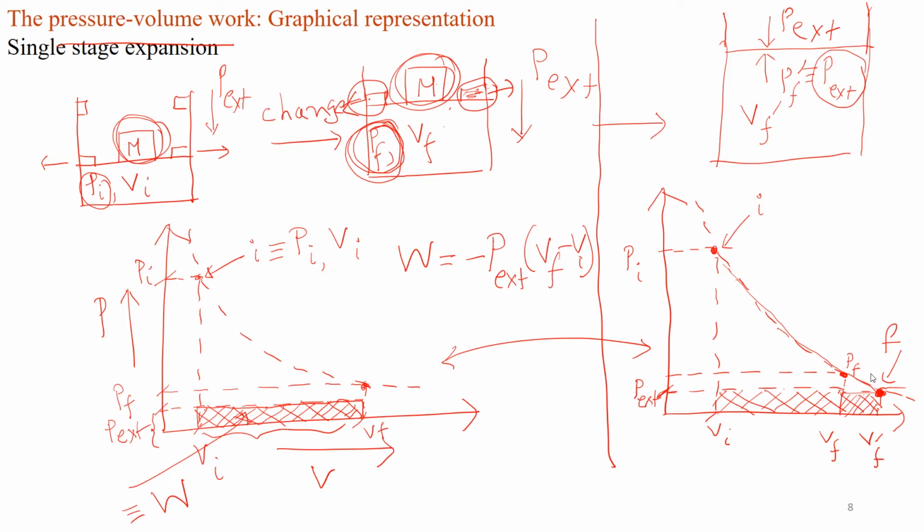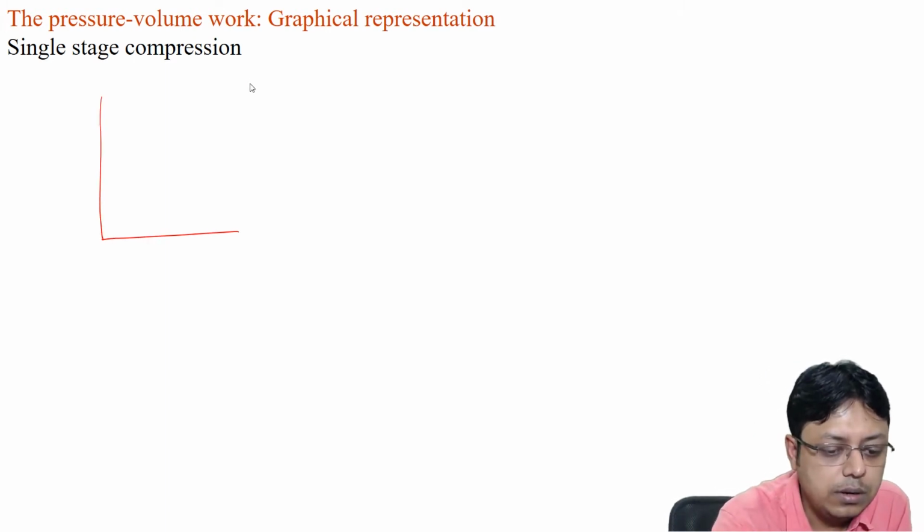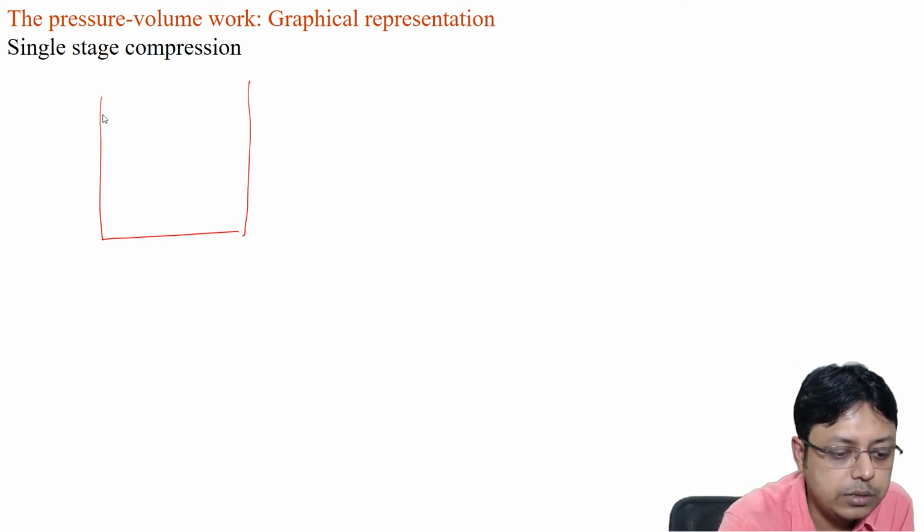Now let us consider a case where the gas is compressed, where we are discussing the work done associated with a single stage compression. So as before, we have a piston, but in this case it's a compression.